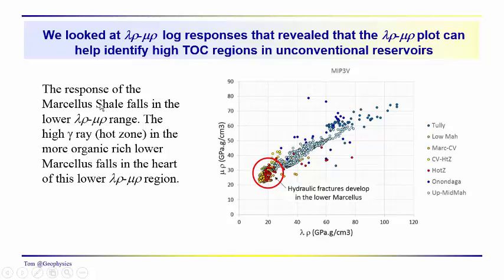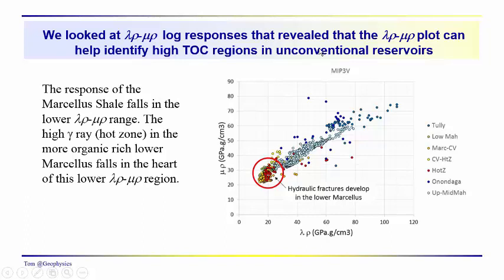We take a look at the lambda-rho, mu-rho formulation. This is one of the goals of the AVO work that we're heading towards, and that is to extract the lambda parameters, lambda and mu, specifically the products lambda-rho and mu-rho.